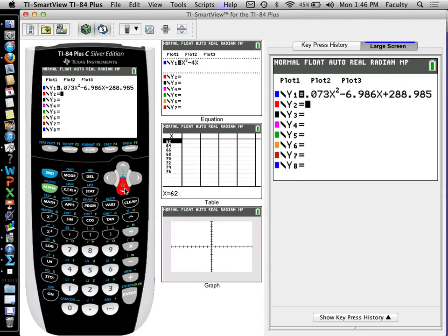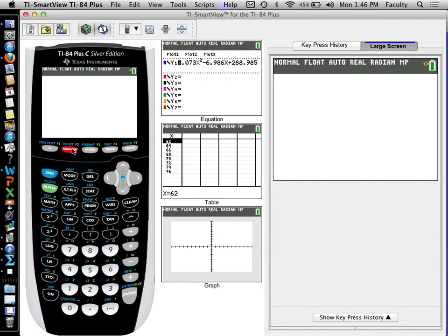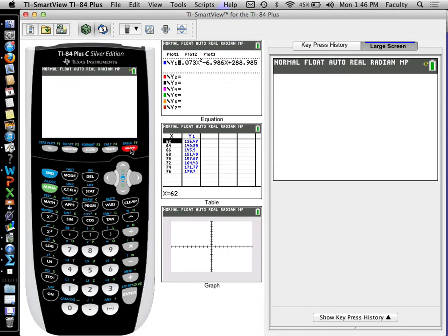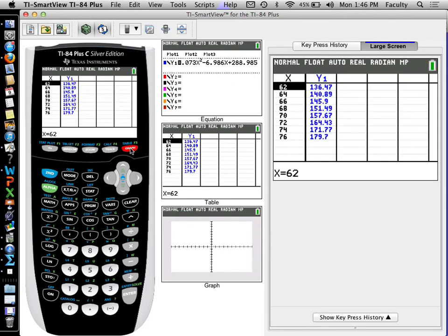Then remember, we have a table feature that allows us to ask. So do second window and turn that to the ask feature for the independent variable, and then go enter them. So you have to enter 62, 64, 66, 68, 70, 72, 74, 76.